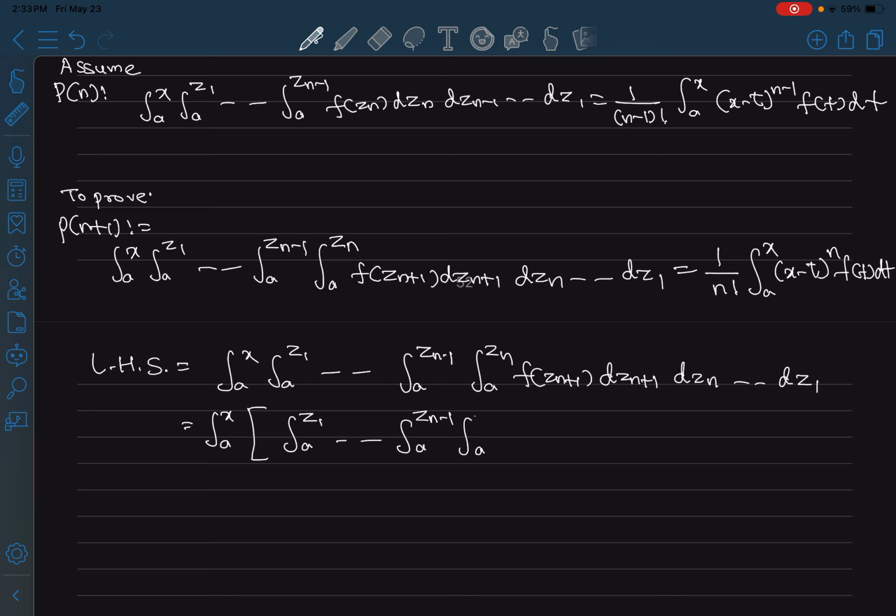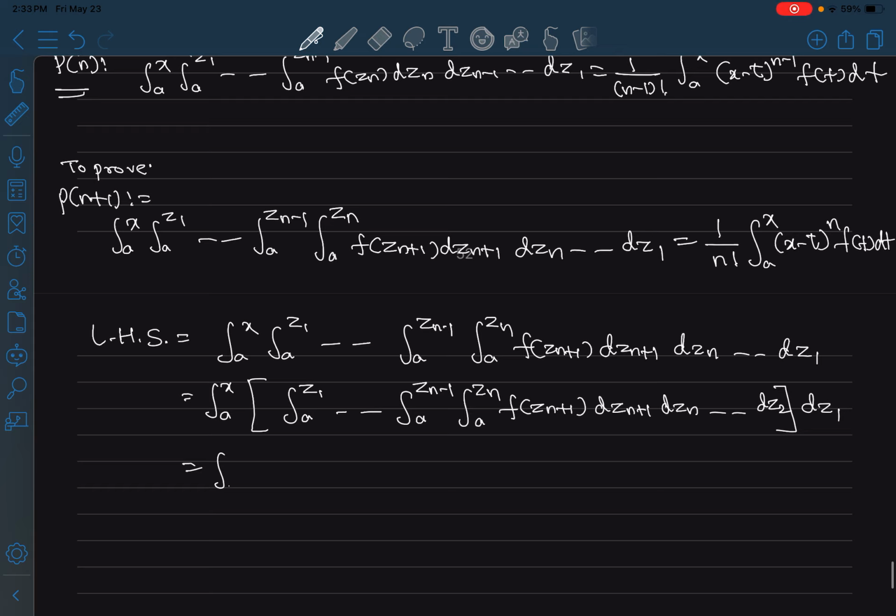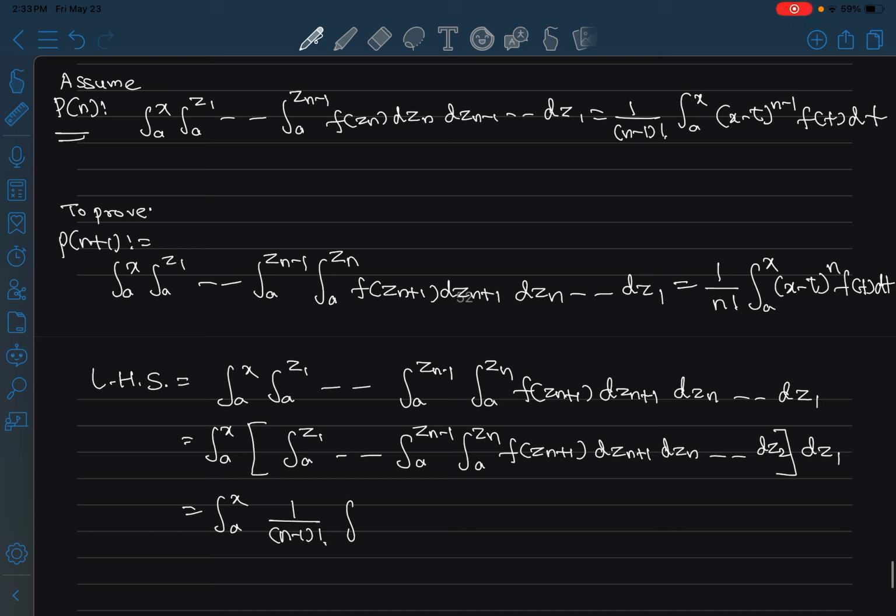And in this case, we know what to do. We know the formula, right? For n integrals, we can use the P of n. So that's what we are going to do. We're going to use the fact that we have assumed. Okay. Now using our assumption, we can now write this as 1 by n minus 1 factorial, and then integral from a.